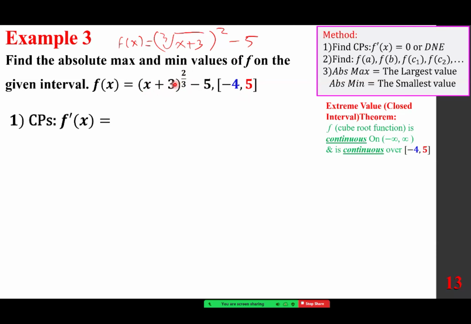That means -1/3 times the derivative of the inside, which is 1. By now, we are comfortable with this concept. This thing has a negative exponent, so it goes down and takes a positive exponent. So the answer is f prime of x equals 2/3 times (x plus 3) to the power of 1/3 in the denominator.